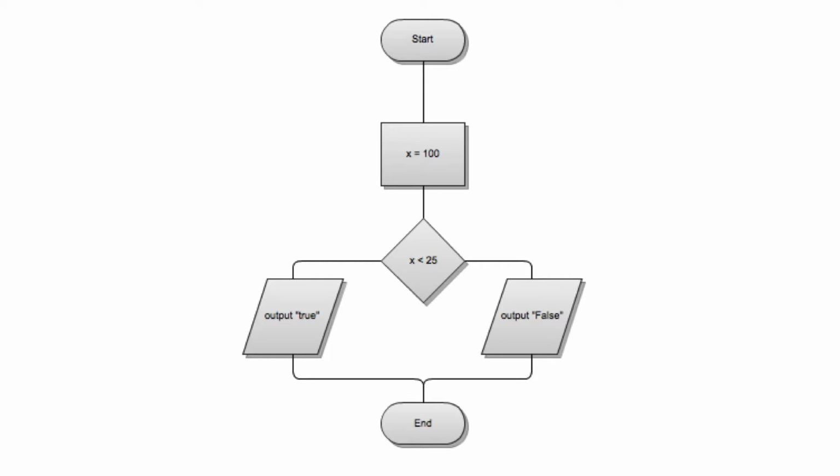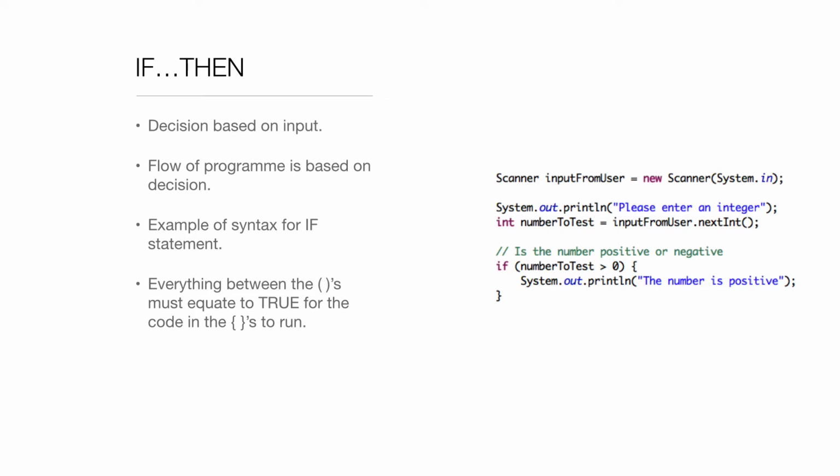So in this case 25, you test 24, below, you test 26, above, and you test the number itself to see if the logic of your code is right. So that's just a quick example of an if-then-else statement in a flowchart.